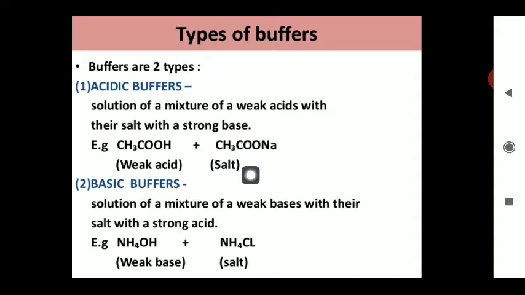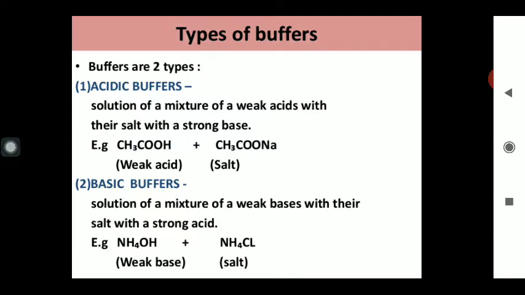Earlier the compound was CH3COOH, and to this CH3COOH we add NaOH. The OH from NaOH and the H from CH3COOH neutralize in the form of water, and the compound becomes CH3COONa. Whenever CH3COONa is added to the acidic compound like CH3COOH, the equilibrium will be shifted in the backward direction. In this way the compound can maintain its pH.